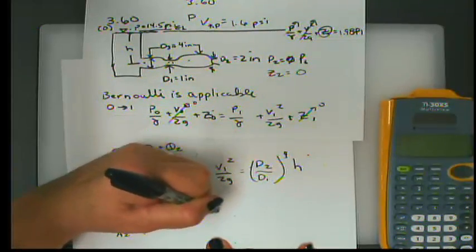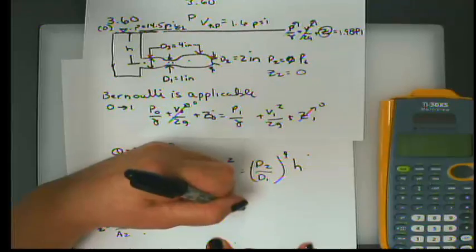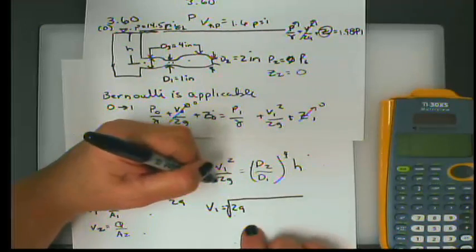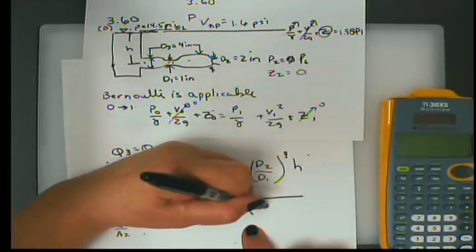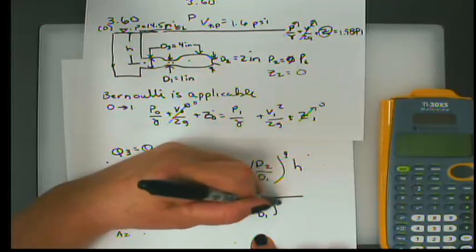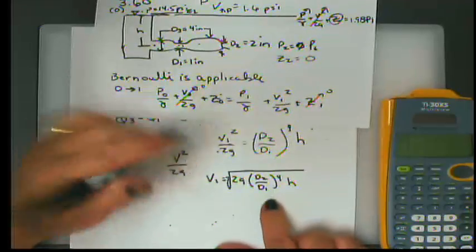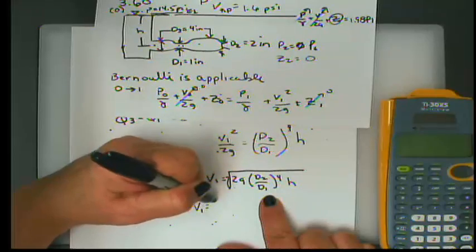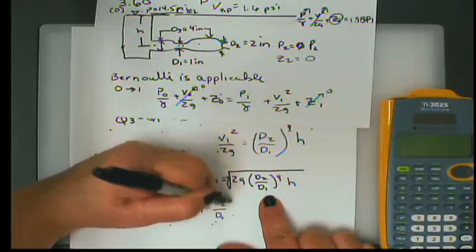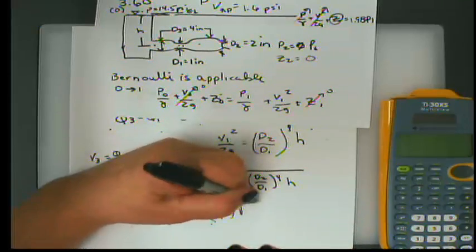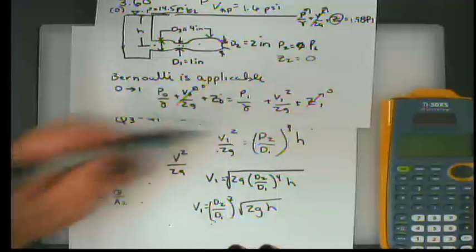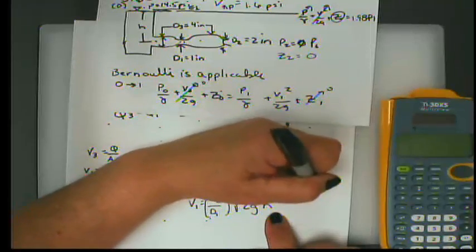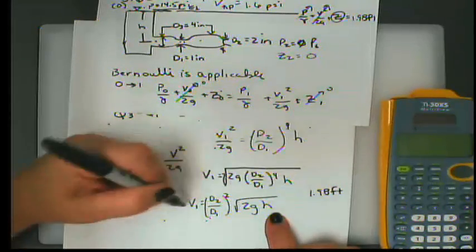So let's say V1 is equal to, now I'm going to have to get the square root here, the square root of 2G times D2 over D1 to the 4th times H. I'm going to pull this term out as a square. Okay. And then I just have inside 2G times H. And based on that height of 1.98 feet, let's go ahead and solve for that.